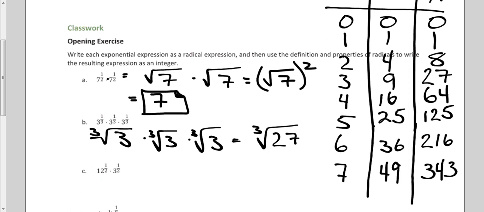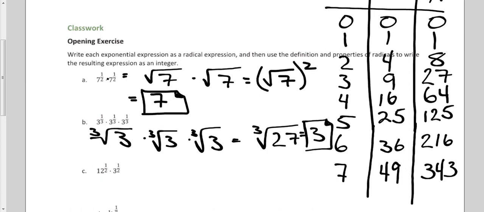I'm using that property. And the cube root of 27, well, I go to 27 in the cube column, and I go over to the x column. And it's 3. And now you've seen how the table helps us, right?